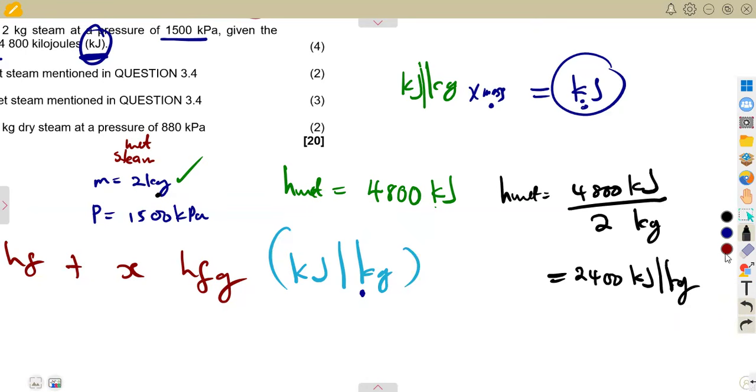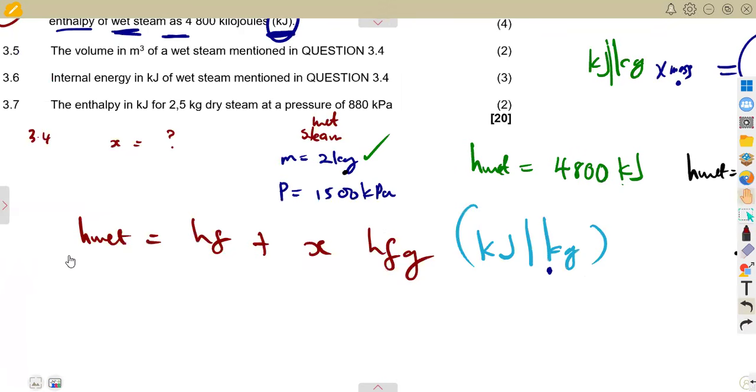So this one can be used on this formula because we're now having the exact units. What made us not to use this one is because it is kilojoules. Here, this one is supposed to be kilojoules per kilogram. Unless we are to use mass here like this. Yes, I agree with you. You can use that. So I'm going to show you like this. Okay, let me explain that way again.